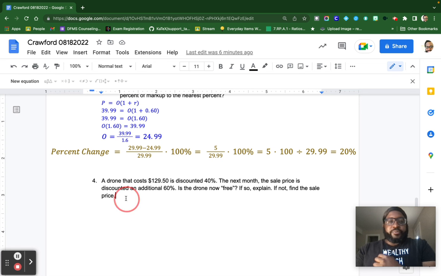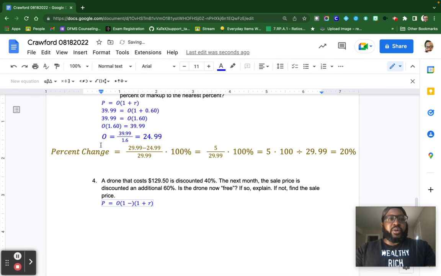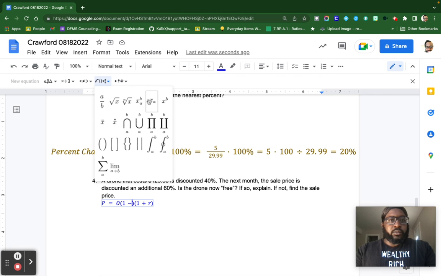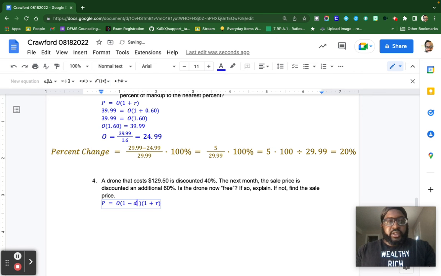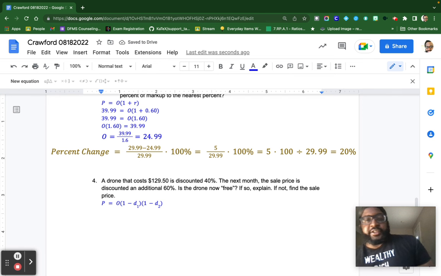In other words, we're going to be using this formula, but I'm going to make a couple of changes. I'm going to call this discount one. Then I'm going to call this discount two. That's what that is.